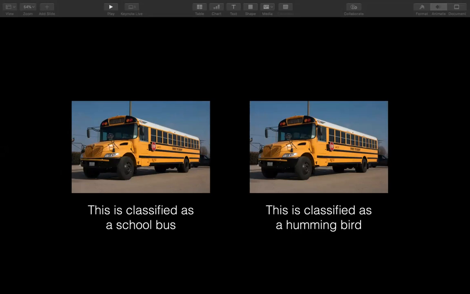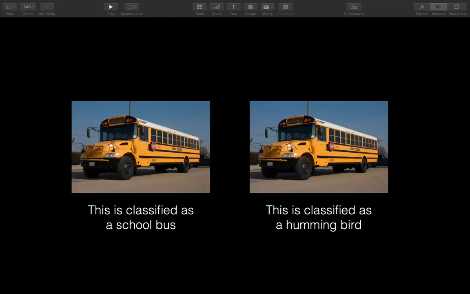And on the right is an image that looks identical to you, but it's actually not. Changes have been made. The changes are so small, you can't see them with your eyes, but they were chosen in a very deliberate way to fool that particular classifier. And they fool the classifier into thinking that's a hummingbird. And you could fool the classifier into thinking it's anything you want. You could make it think it's an ostrich, it's a tank, it's a skyscraper, anything you want.